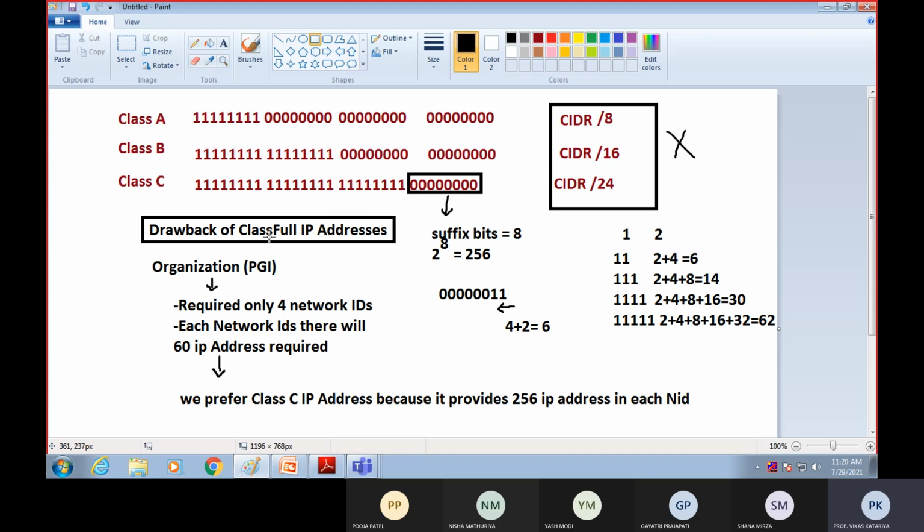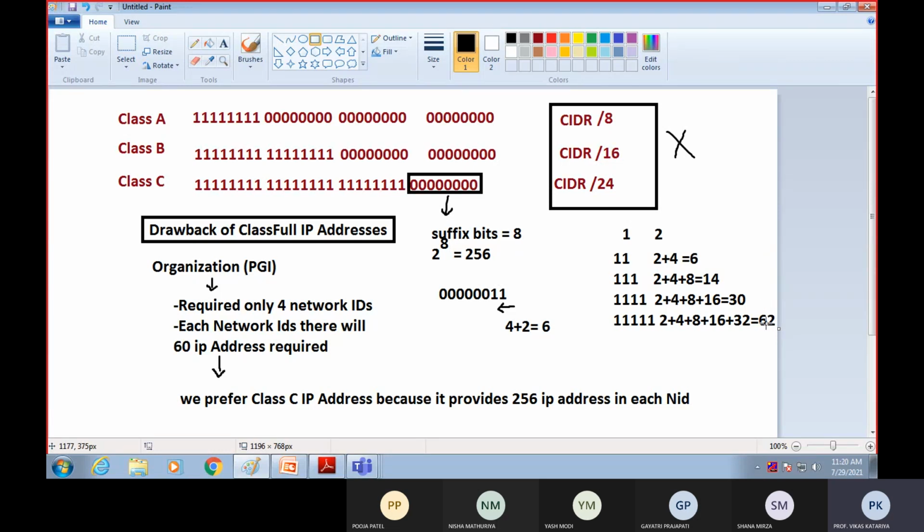In this way, we can use CIDR notation. We can customize the host bits and the network bits. Whatever networks we require, we customize the network bits from left to right and set them to 1. The rest of the network bits will be 0. And if we want to customize the host bits, since we require 60 computer systems, we can take the rightmost 5 bits set to 1.